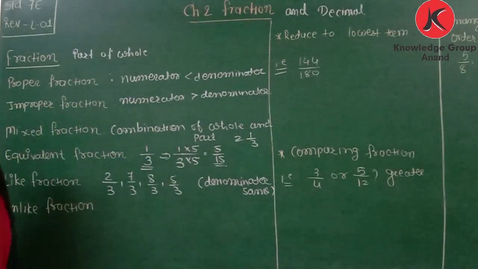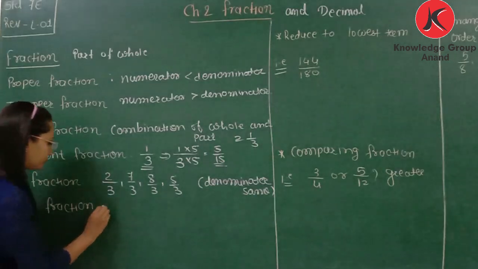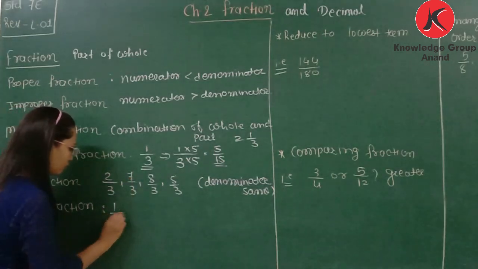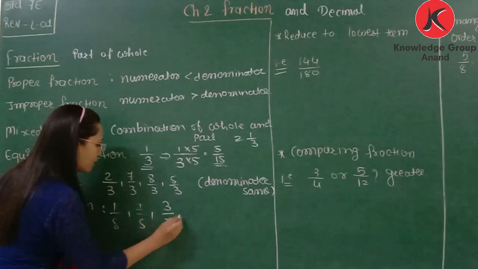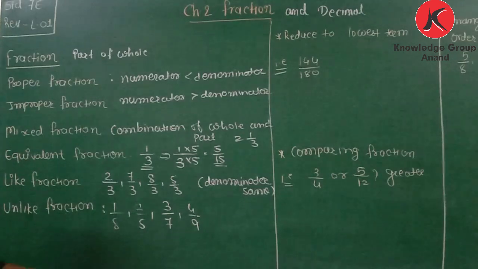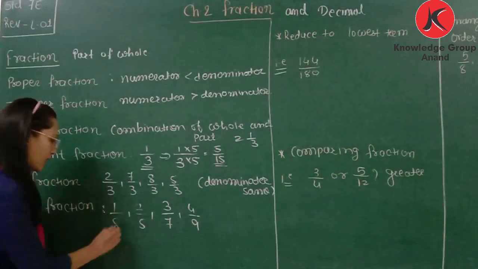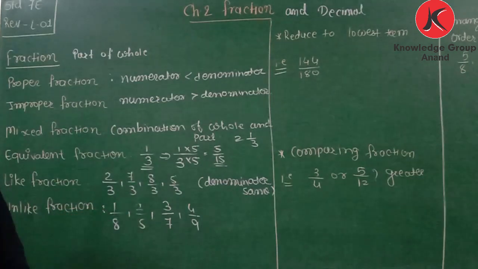Now, unlike fractions: if the denominators are not the same, for example, 1 by 8, 2 by 5, 3 by 7, 4 by 9. These are fractions in which the denominators are not the same, so they are called unlike fractions. This is what we learn about fractions in the starting of the chapter.